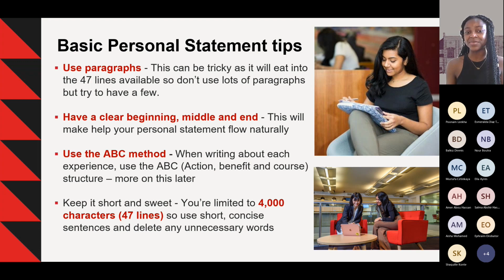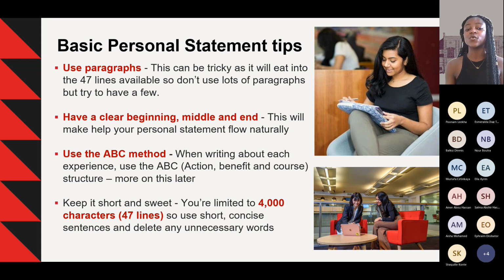That would be the benefit from that experience. And the C, being able to link the experience that you've just had back to the course you're applying for or the career you want to do. So for example, going through that shadow scheme has shown you that radiography is really where you want to go, but specifically diagnostic is where you want to go into. That is how to use the ABC method.